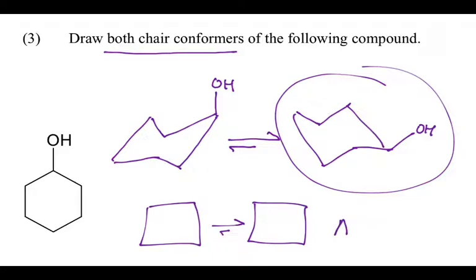And then I might do something like delta E equals, and you fill the energy difference in there. It really depends what I ask. That question itself doesn't require you to indicate; here I'm just asking to draw both chair conformers.